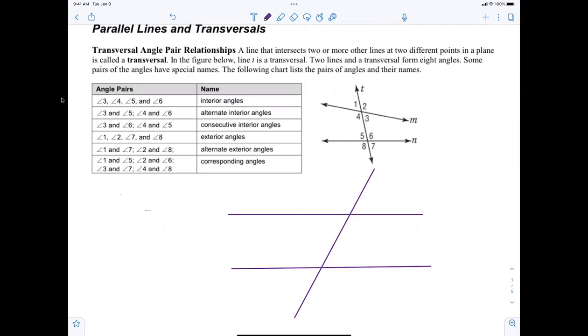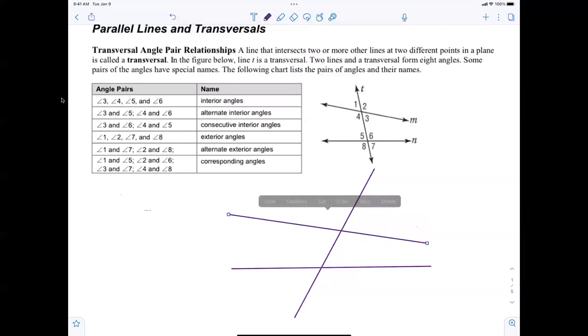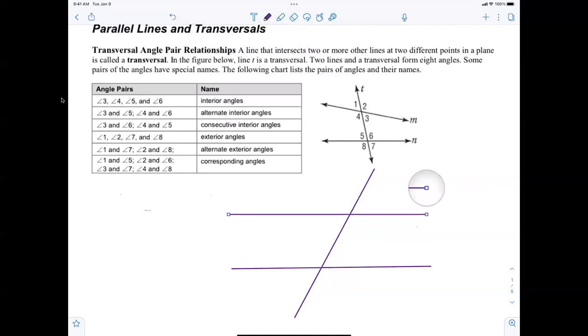Now, they're saying, do the lines actually have to be parallel? No, the lines don't have to be parallel, but if they are parallel, then there are certain things that are true. All right. Now, what we want to do today is just talk about interior, exterior, consecutive interior.